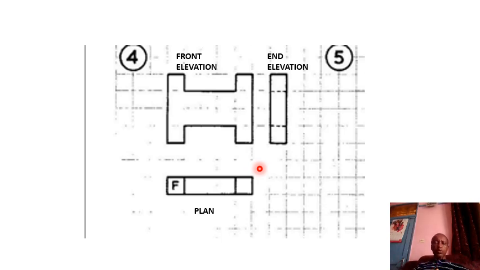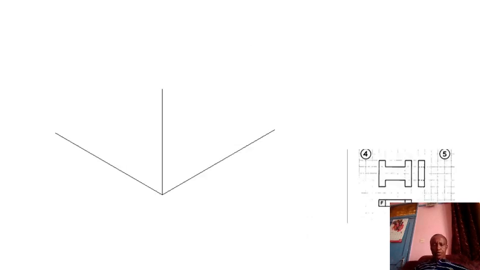So to draw this, we first of all have to draw the isometric setup. An isometric setup is simply a horizontal line. You draw a horizontal line and then have this as 30 degrees.